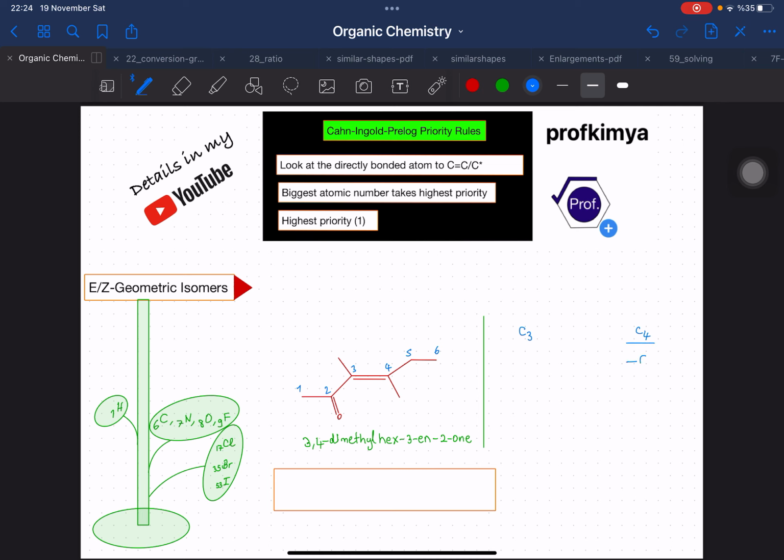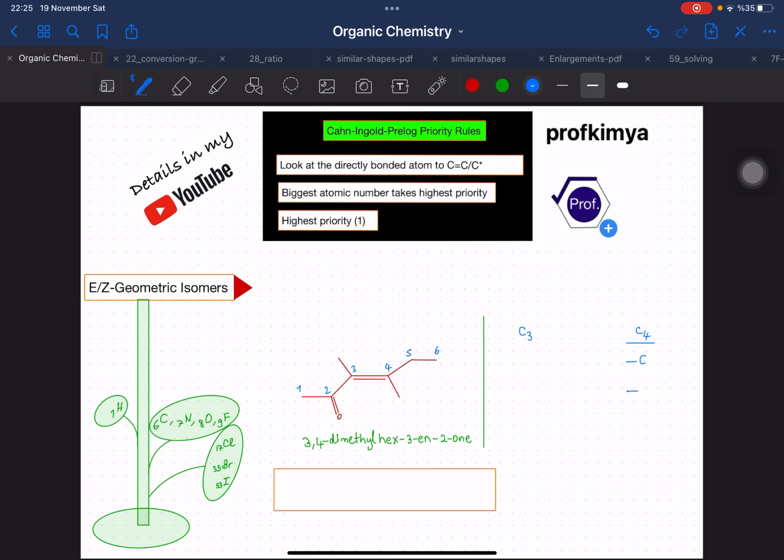Directly bonded, okay, carbon of ethyl group. Carbon of methyl group also directly bonded to C4.